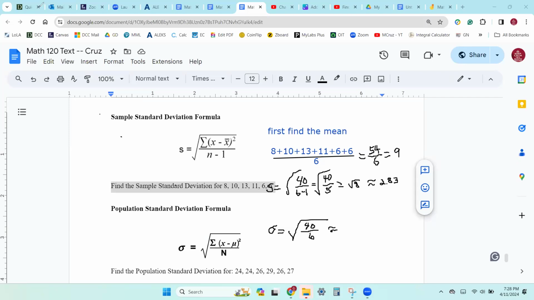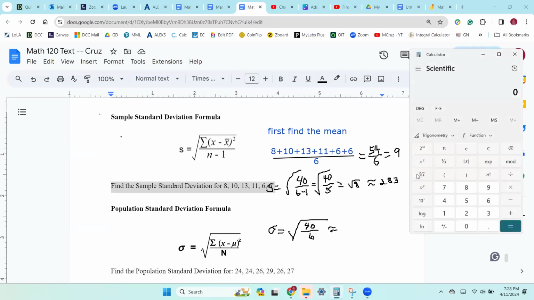All right, so let's run that through the calculator. So 40 divided by 6. And let's see if we take the square root of that. So it gets smaller, see, 2.58.